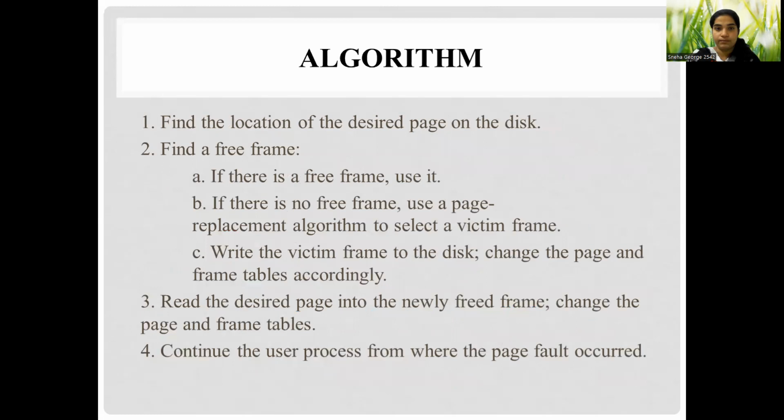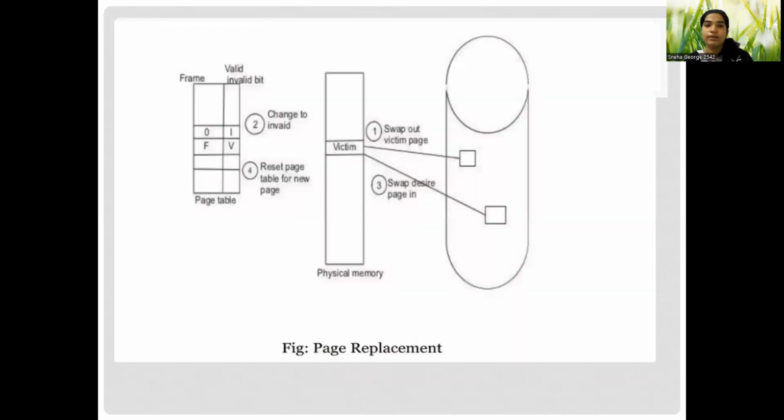For all the page replacement algorithms, there is a basic structure of algorithm that is followed. To explain that, this particular diagram is best suited. This is a physical memory.